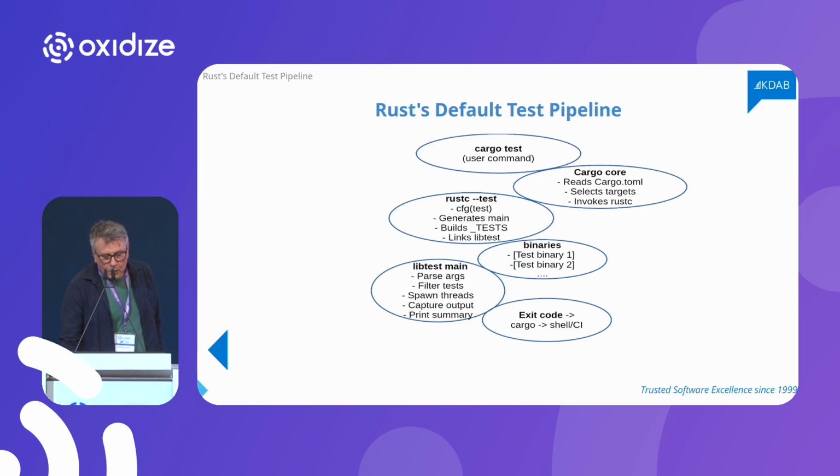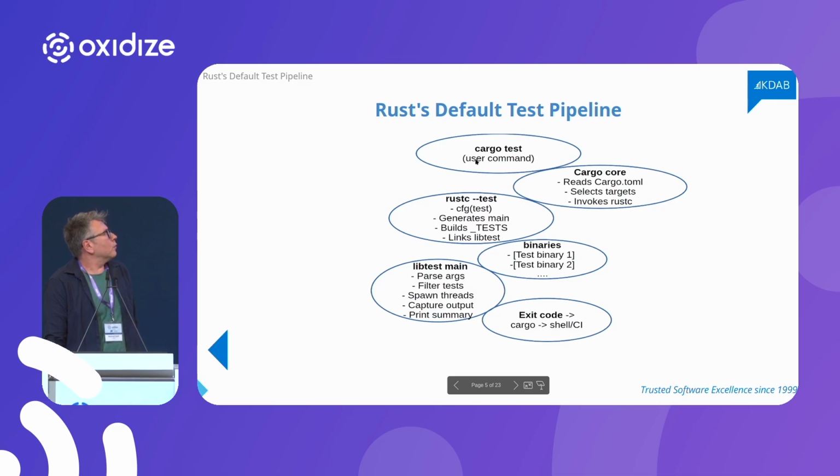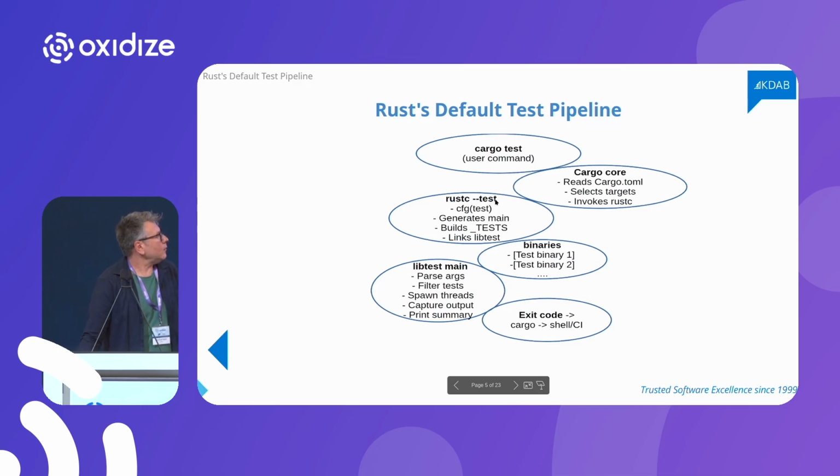For example, if we run cargo test, the Rust compiler will be invoked with --test, and this means the Rust compiler will generate a few things for us: basically a main, and also for each test case some metadata, and it would obviously also link libtest, the default test runner.